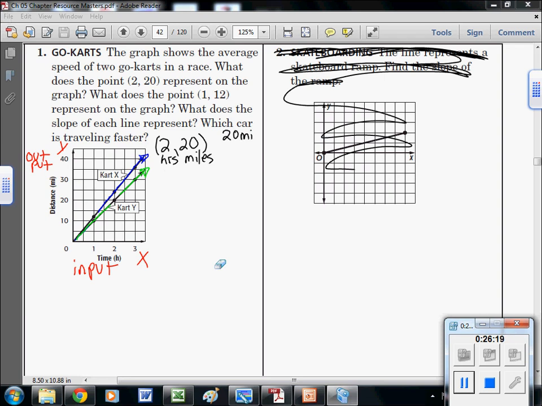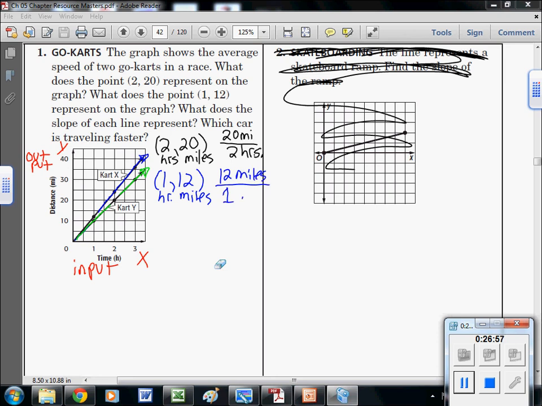So that almost gives you a rate, guys. That means your rate would be 20 miles in 2 hours. Now, I didn't turn that into a unit rate. I just turned it into a regular rate. So that means 20 miles in 2 hours. And that was cart Y, 2 comma 20. Now for the 1 comma 12, that's for cart X. I'm using green for cart Y, so let's see, I'll use blue. 1 comma 12 means 1 hour, that means 12 miles.